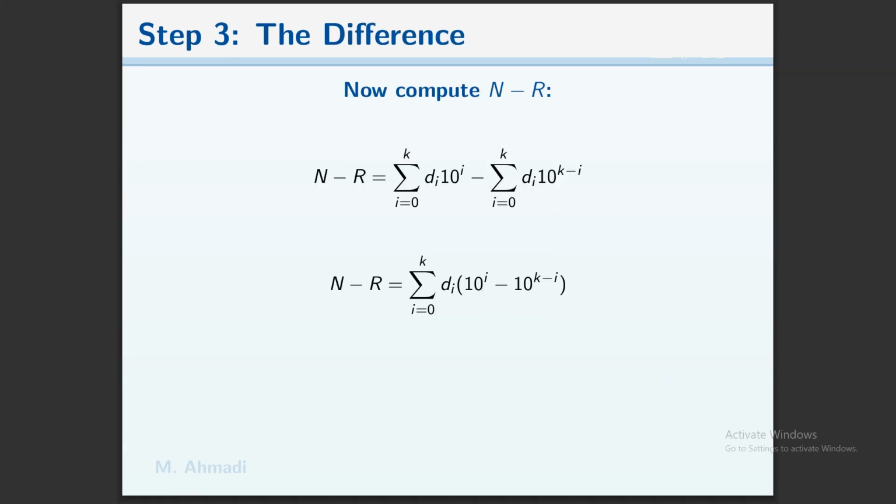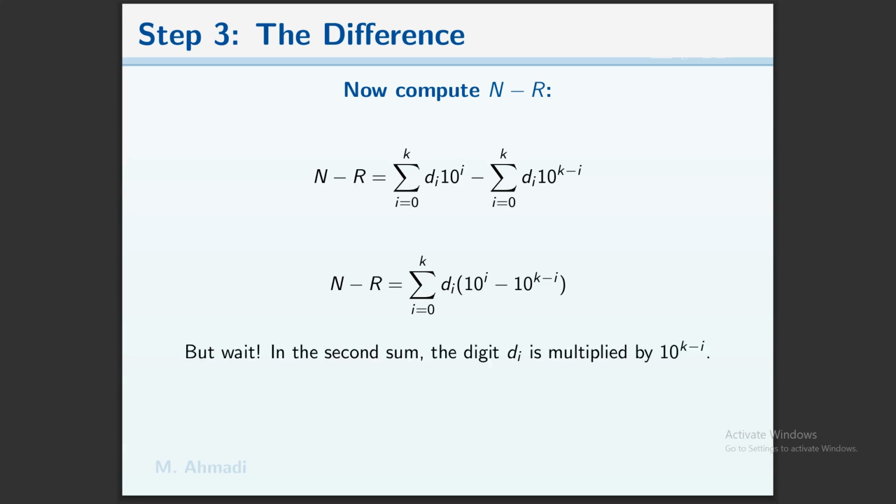The difference we want to compute is n minus r, where the original digits are for n and r is the reversed digits. N minus r equals the sum of di times 10 to the i, from i equals 0 to k, minus the sum of di times 10 to the k minus i, from i equals 0 to k.